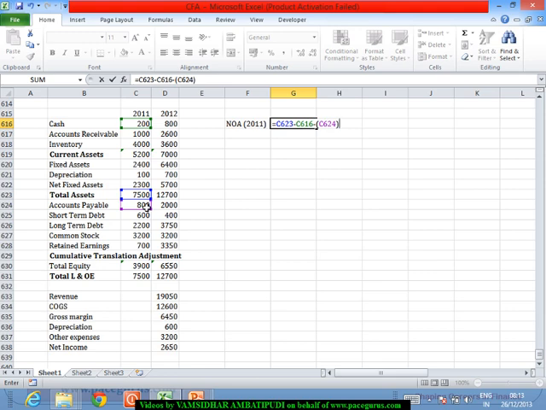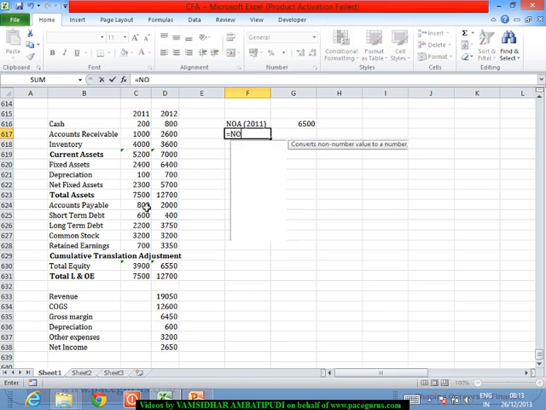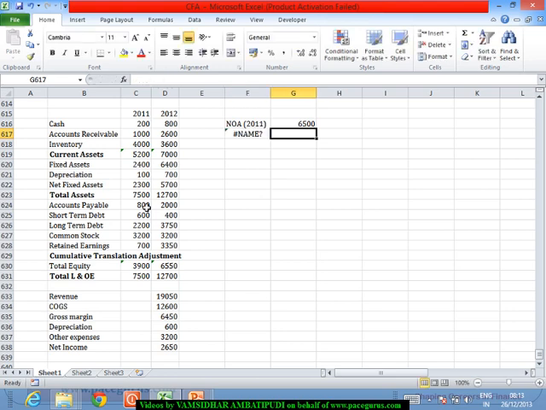So total operating assets minus total operating liabilities. Total operating liabilities are the total liabilities minus anything to do with the financing, which is more of short-term and long-term debt. So the net operating assets in 2011 is going to be something like this. The net operating assets of 2012, I can do the same thing.